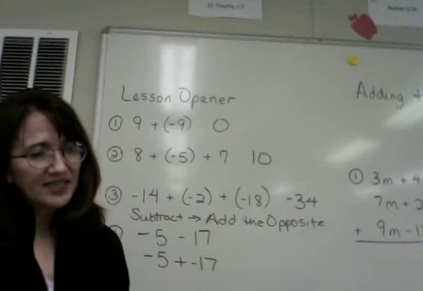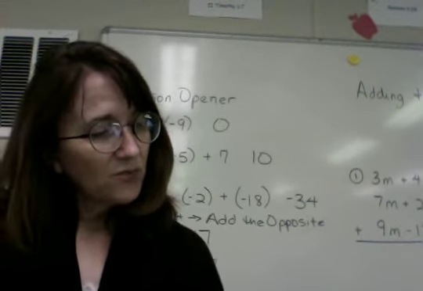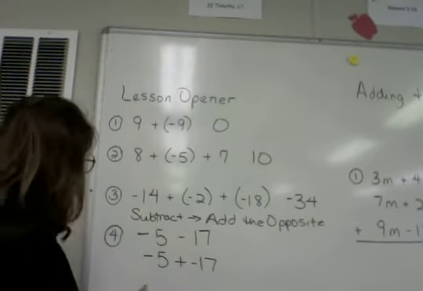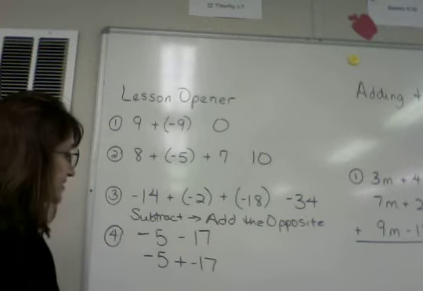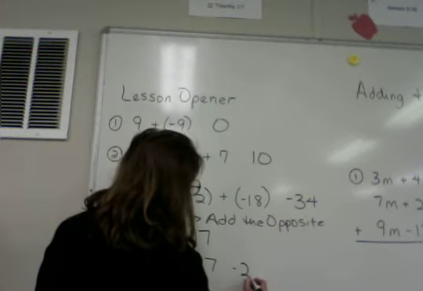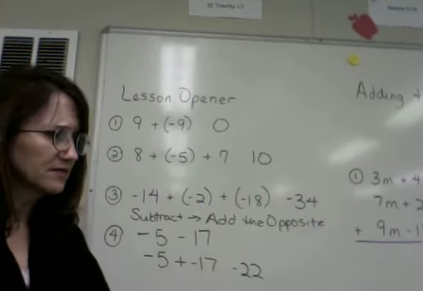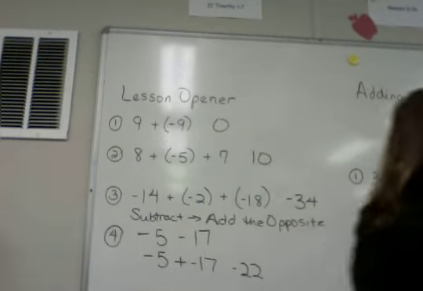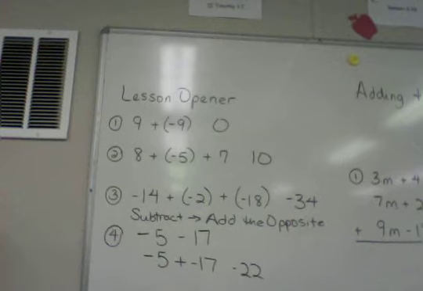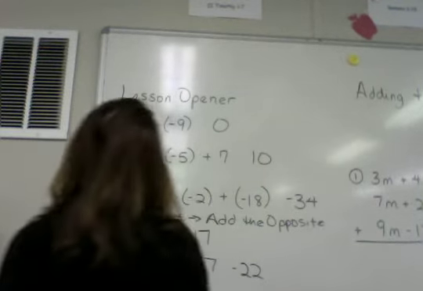Add a negative 17. And if I put those two together, if I've got negative 5 plus a negative 17, that is a negative 22. So that's just a quick review of adding your integers.